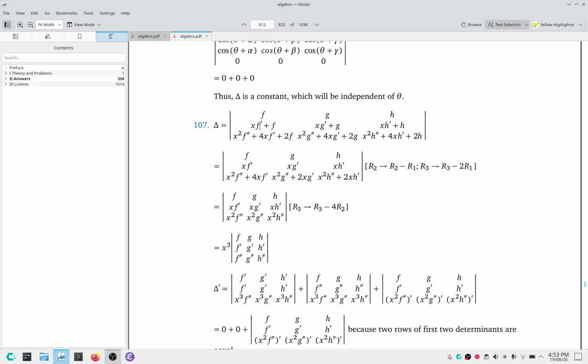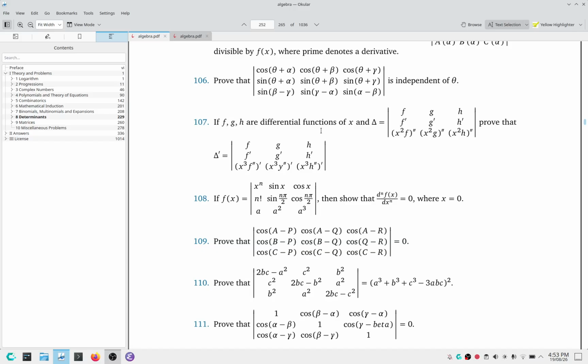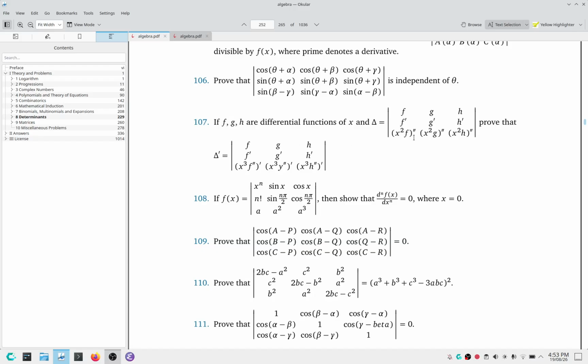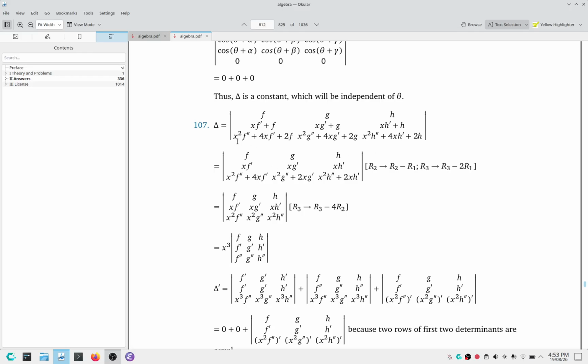So it will be, if we consider it of second degree, that will be x f prime plus f. And similarly, x g prime plus g and x h prime plus h. Similarly, if we do double differentiation on this, we will get x square f double prime plus 4x f prime plus 2f, and so on.